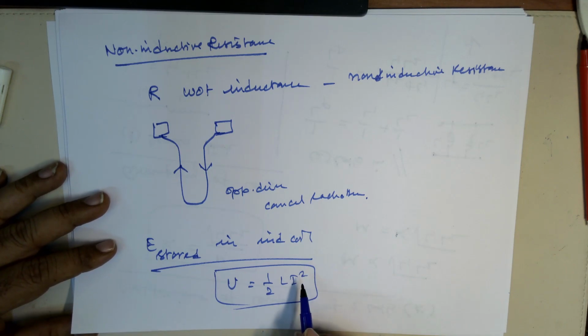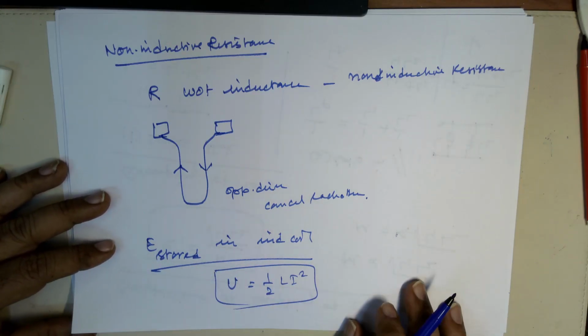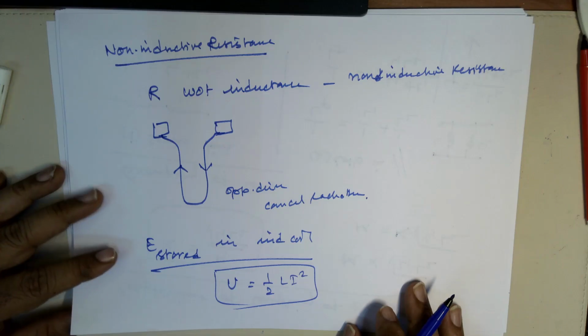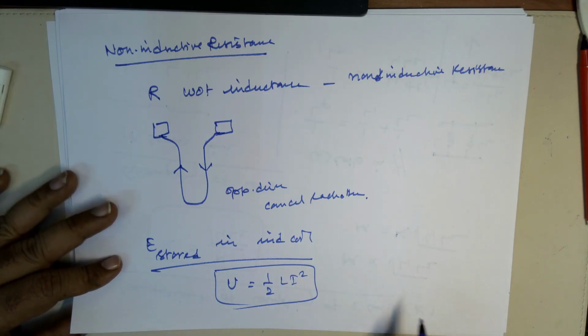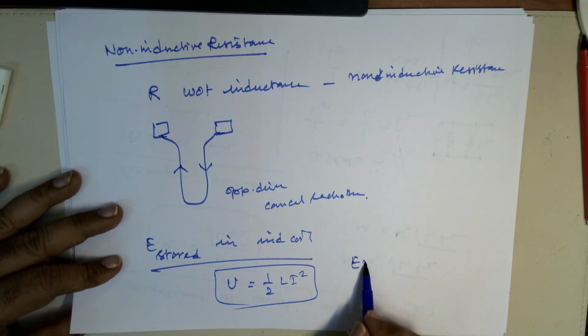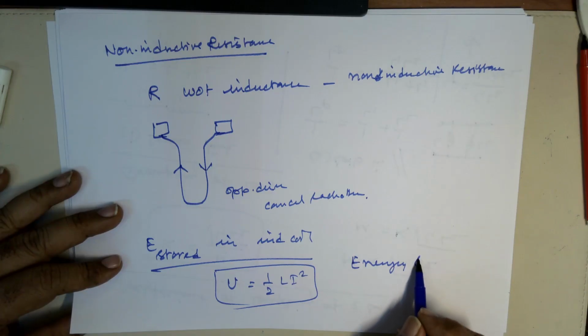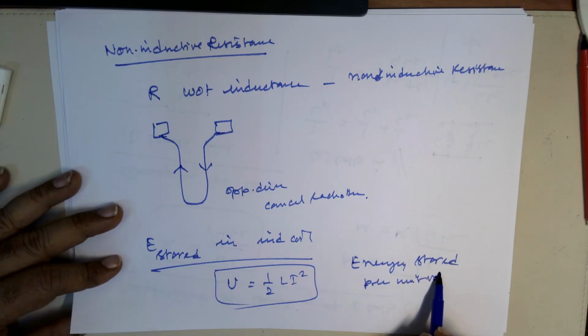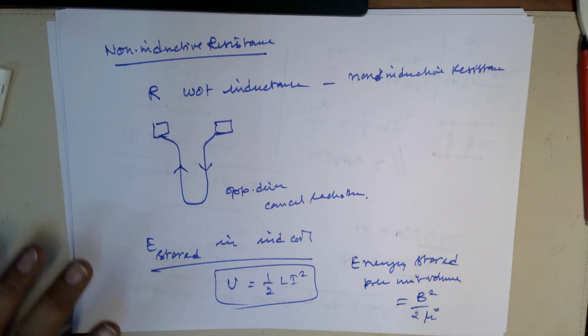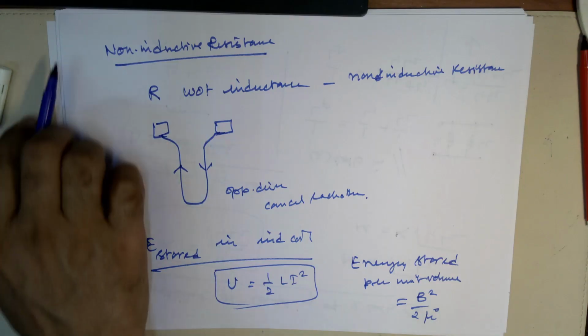So U is the energy stored. The energy stored per unit volume is also expressed as B squared divided by 2 mu naught, where B is the magnetic field.